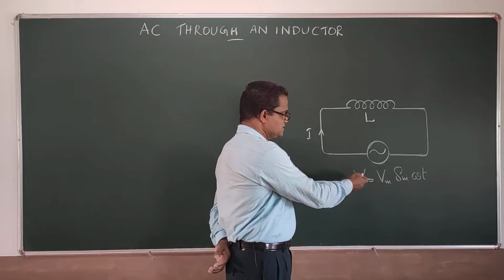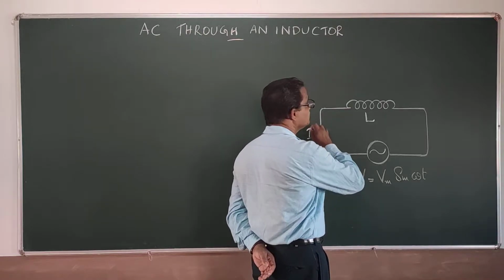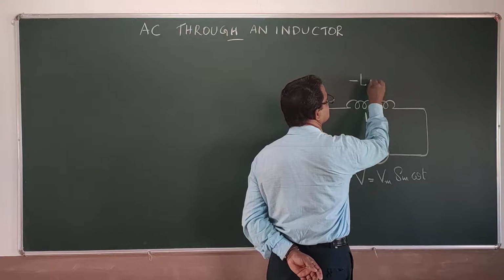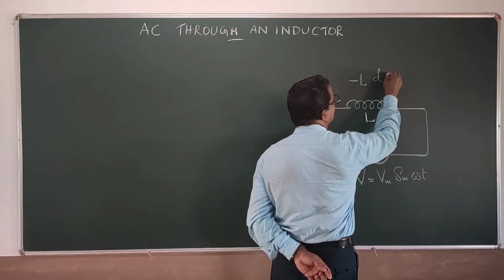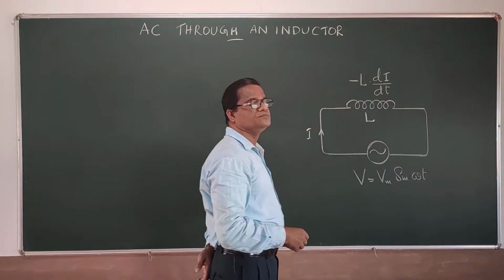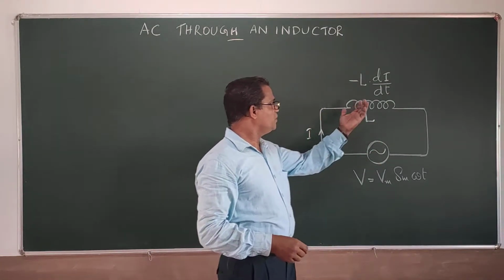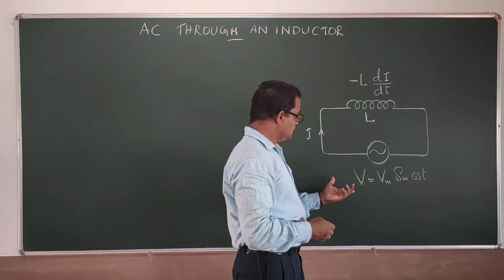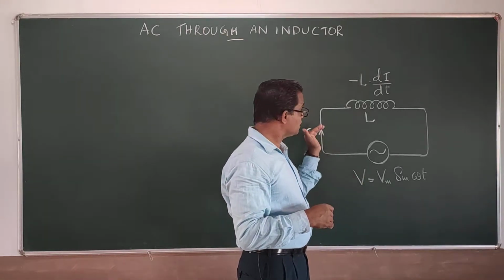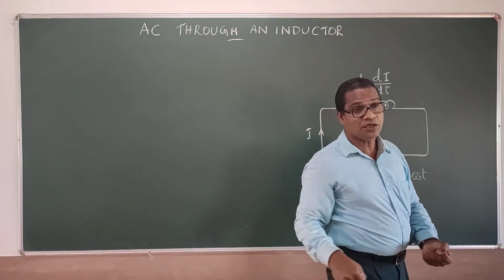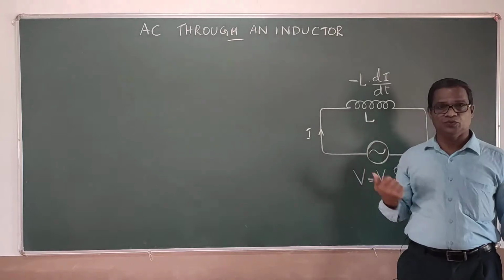As this voltage is trying to send in current, there will be a back EMF equal to minus L into di by dt. This will always be opposing the current through it. But this voltage will be dragging the current through the inductor to flow.